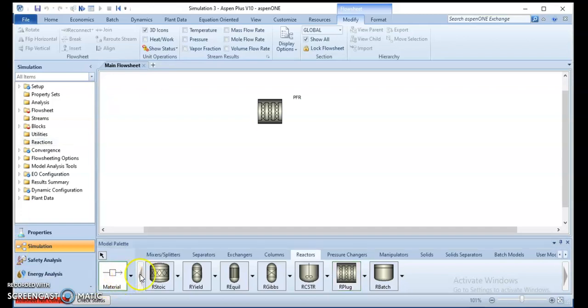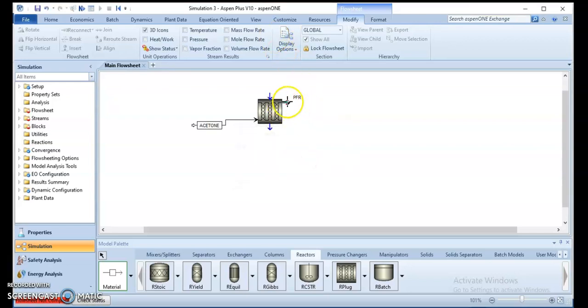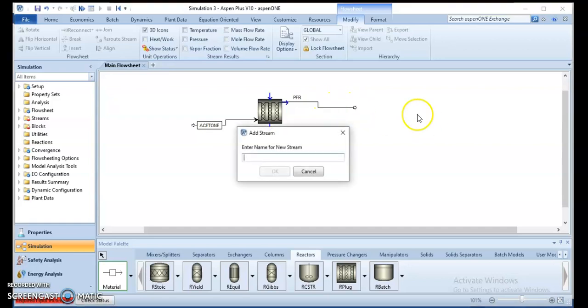So we have this one input, that is the acetone, as a pure acetone input. As an output we are expecting, so we are trying to achieve 20%, and so we will have acetic anhydride plus methane plus the ketene.